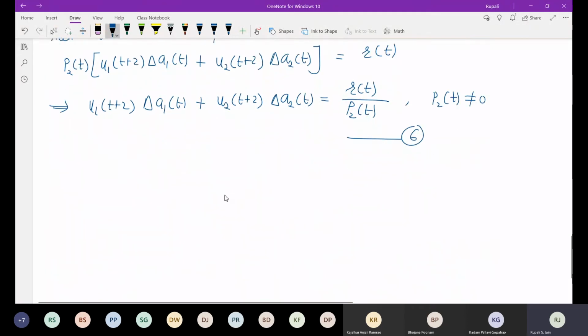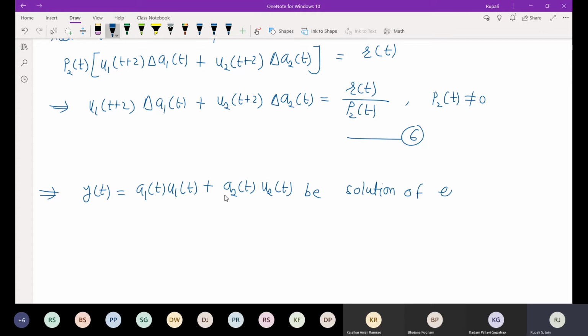So to sum up, this implies yt is equal to A1t u1t plus A2t u2t be a solution of equation 1 if delta A1t and delta A2t satisfy which equations?